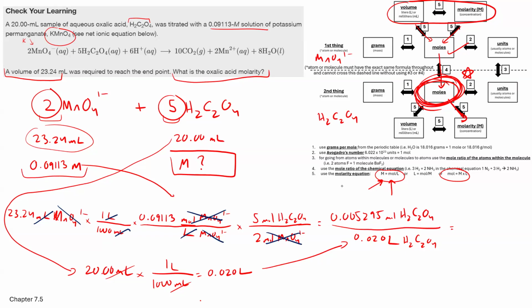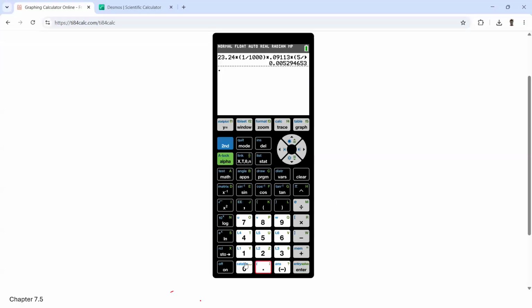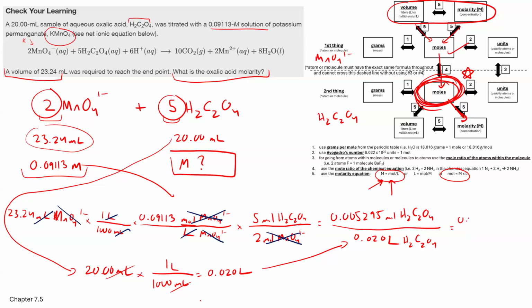So we're going to do 0.005295 divided by 0.02. And I got 0.26475.